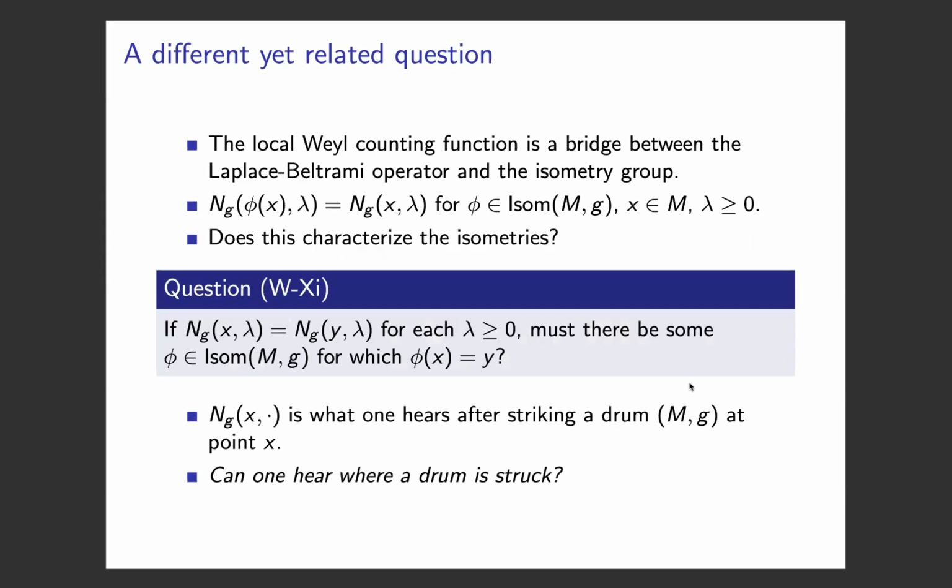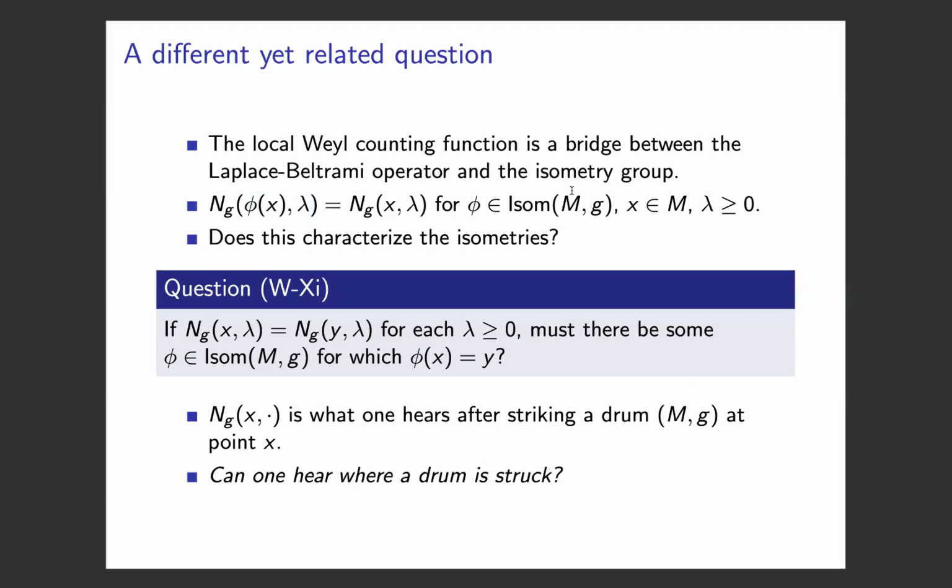So here's a different yet related question. We know that the local counting function is invariant under isometry. So N_g of phi of x at lambda is equal to N_g of x at lambda, as long as phi is an isometry on the manifold. So the question is, does this characterize isometries?